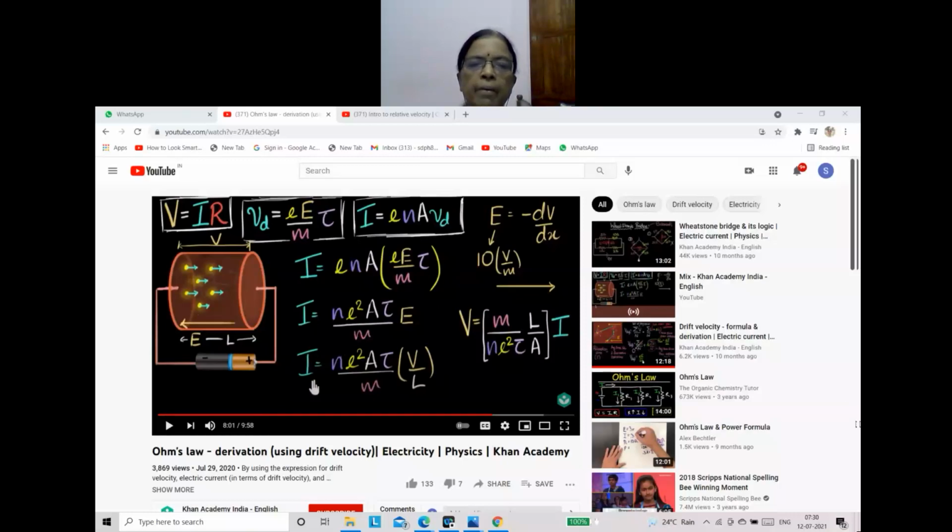Ritu Parna, what is the relation between E and V? Electric field, potential and length. We apply an electric field across the length L of the conductor by connecting a battery.